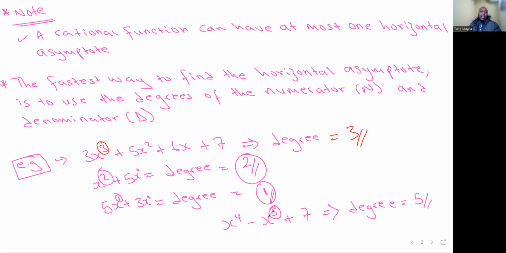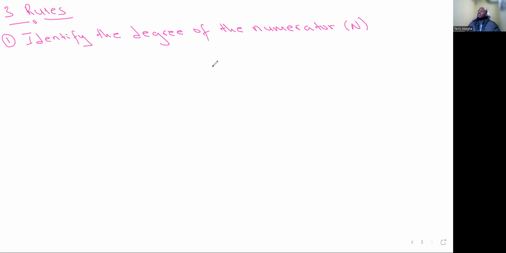I dealt with this earlier in my video on polynomials, so I believe before you got to this video, you've watched the previous videos on polynomials, quadratic and cubic and the rest of it. So if I say the degree of a function, I'm just talking about the highest power of x.